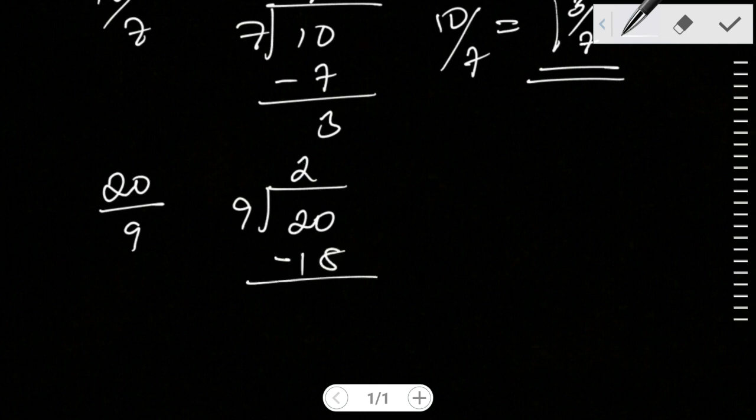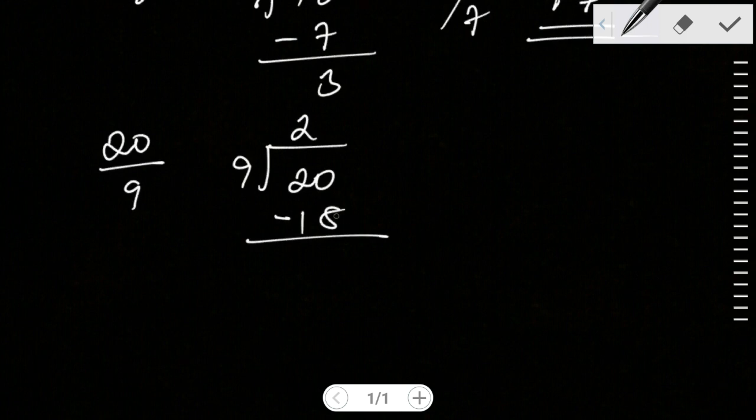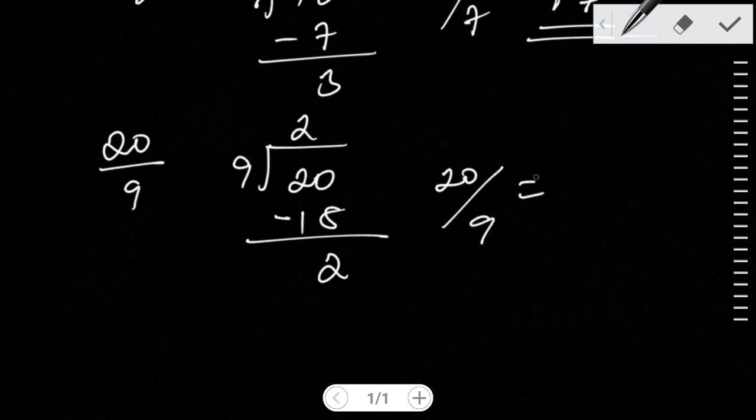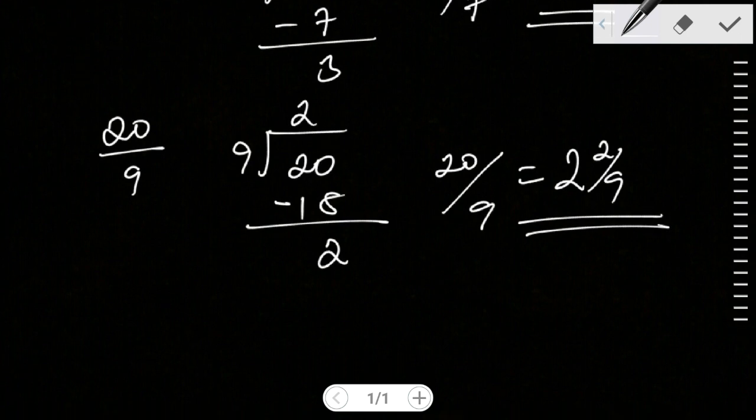Subtract this, I would have 2. Therefore, to write this as a mixed fraction, 20 over 9 would be equal to 2 whole number, 2 all over 9. And therefore, this would be my mixed fraction.